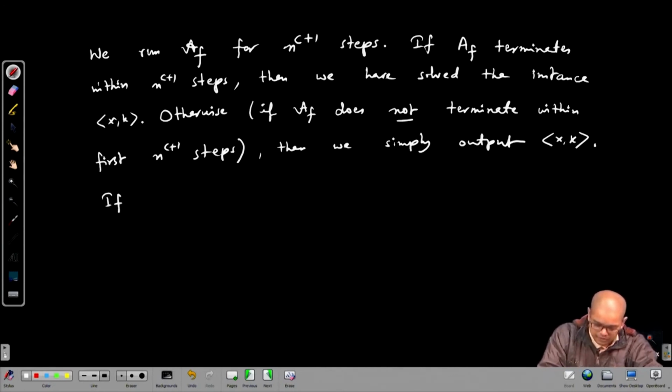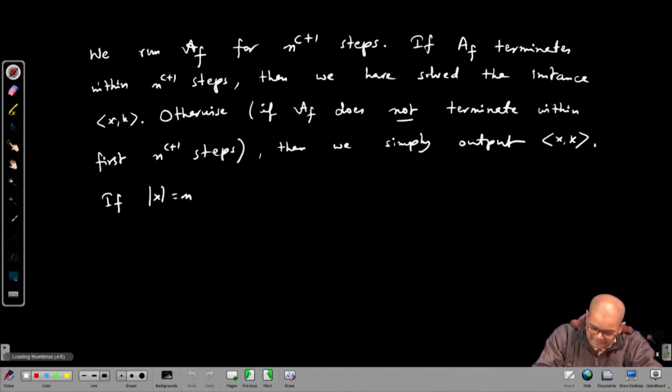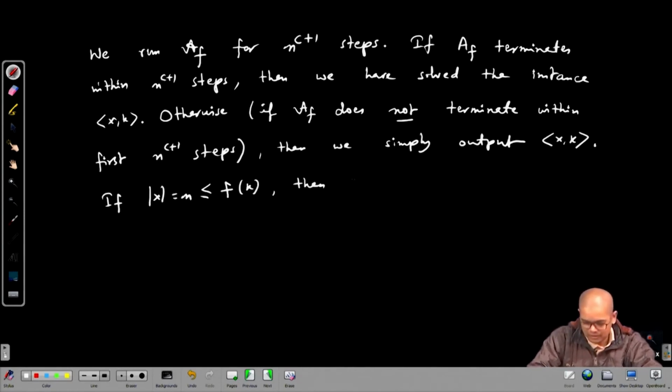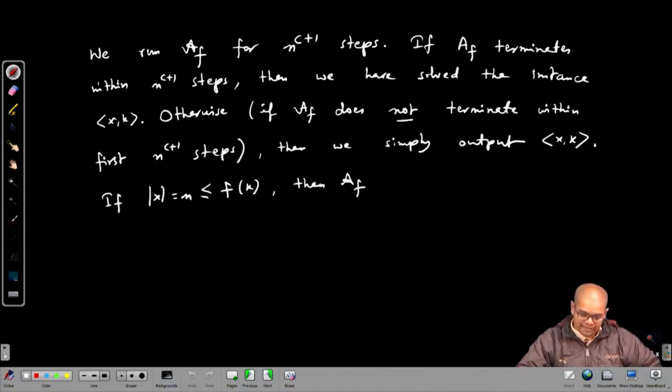if size of x, which is n, size of input instance, is more than f of k, then AF, the FPT algorithm, how much time does it take? It takes at most f of k times n to the c, and f of k is at most n.